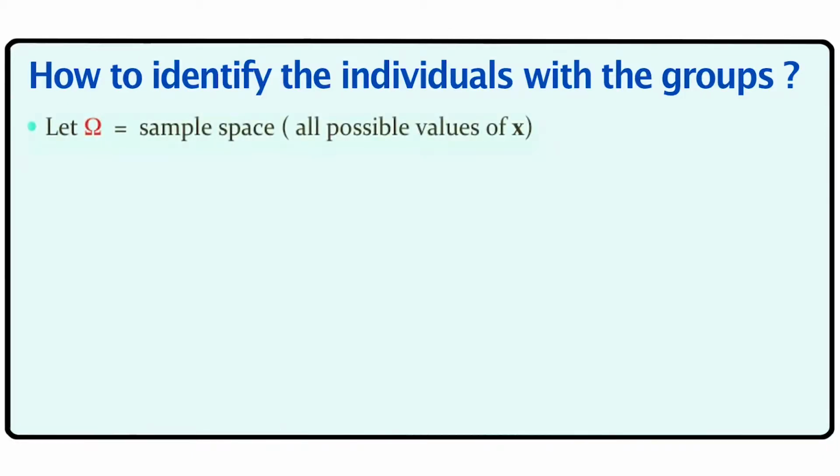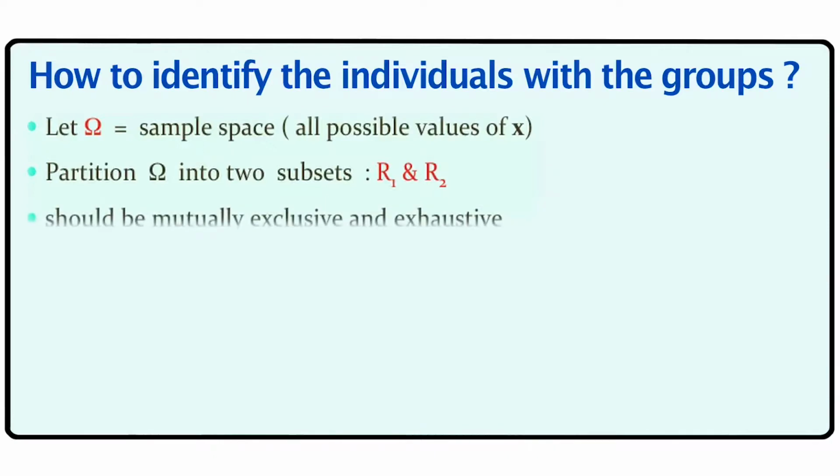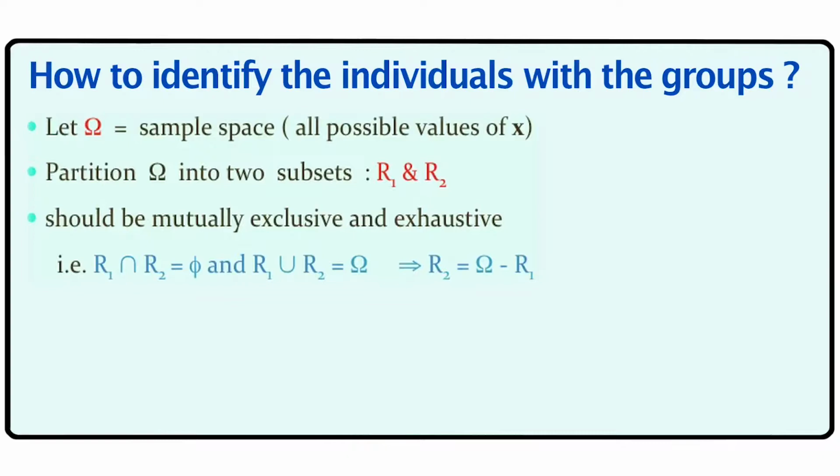What we do here is we look at the sample space, which is the total possible values of x. So omega is the sample space, and we partition this sample space, the totality of all x, into two subsets, R1 and R2. These two subsets are so chosen that they are mutually exclusive and exhaustive.